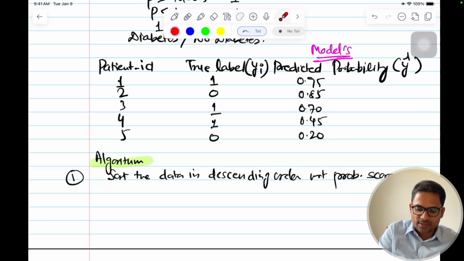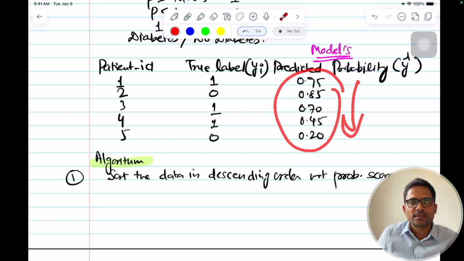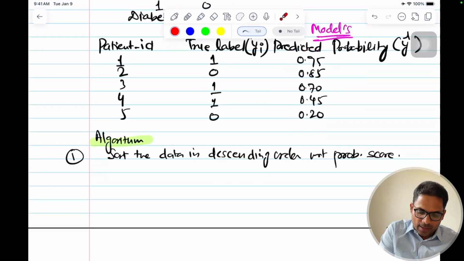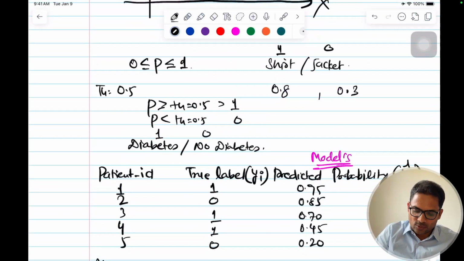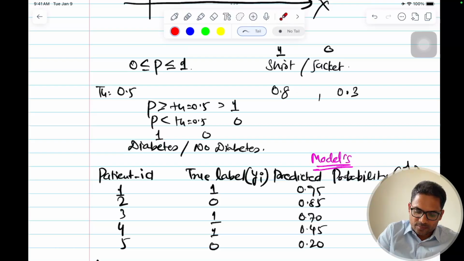We have already sorted this. And then we set each probability score as the threshold. Earlier I told you it can be 0.5, but now we set each probability score as the threshold, and then we try to classify.